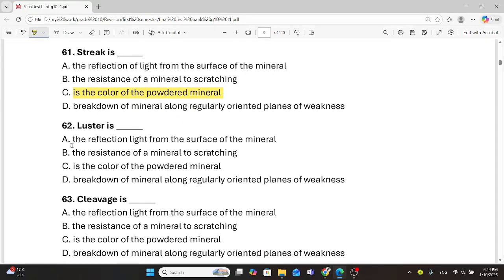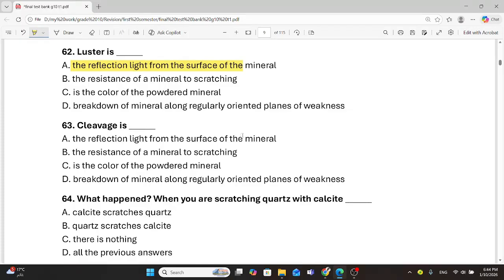Luster is the reflection of light from the surface of a mineral. Yes. طيب Cleavage دي اللي هي ال breaking down along regular oriented planes of weakness.